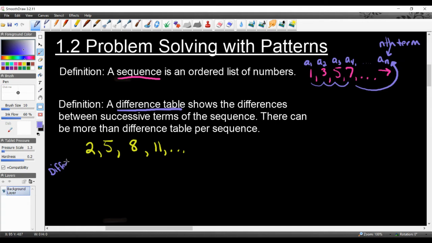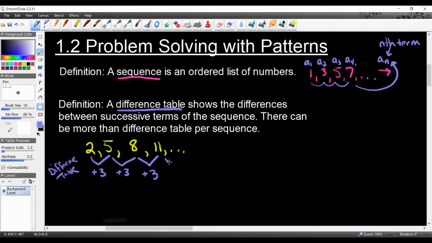The difference table is how much it takes to get from one number to the next. From 2 to 5, we have to add 3. From 5 to 8, we add 3. From 8 to 11, we add 3. So the difference in this one is just adding 3.